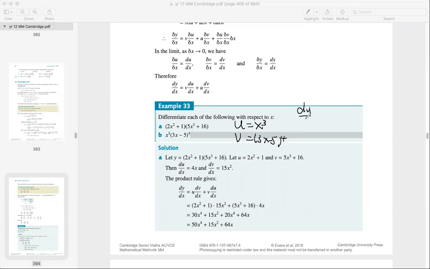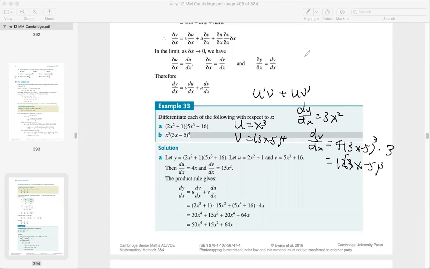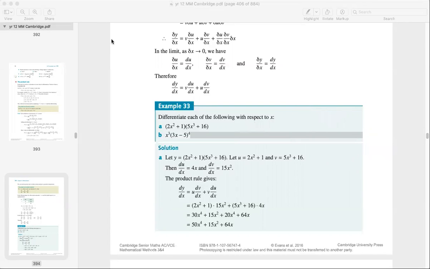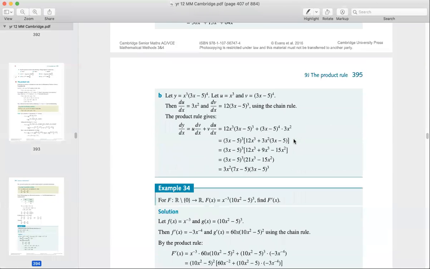So my du/dx is 3x squared, and my dv/dx is 4 times (3x minus 5) to the power 3, then times 3. So it would be 12(3x minus 5) cubed. Then I just apply the formula u'v plus uv'. Okay, so it's pretty straightforward.